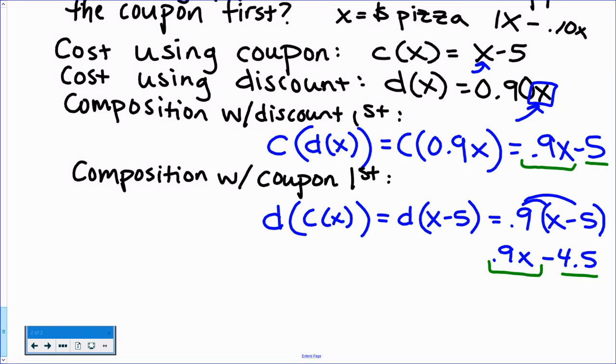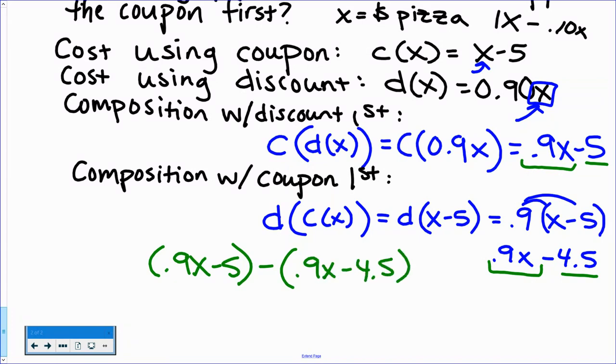The question asks for what's going to be the difference. So you can logically think about it. Some of you already know the difference is 50 cents, right? But you could also subtract these functions, which then is applying our operation of subtracting two functions. So the parentheses doesn't matter for the first one, but it does matter for the second set, and I need to make sure I would change that to plus because I'm subtracting a negative.